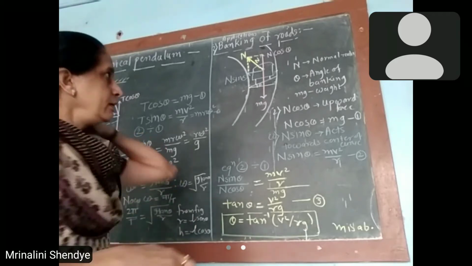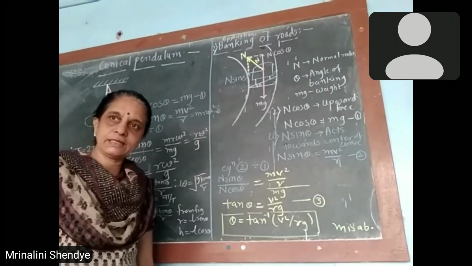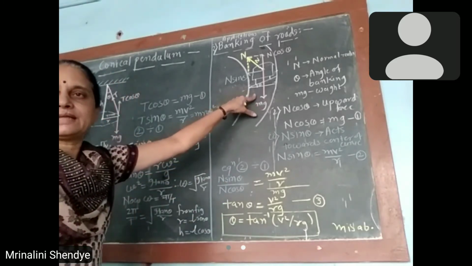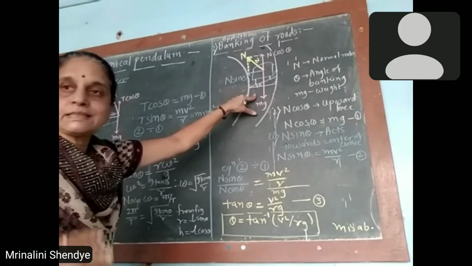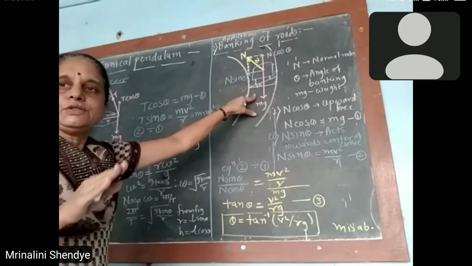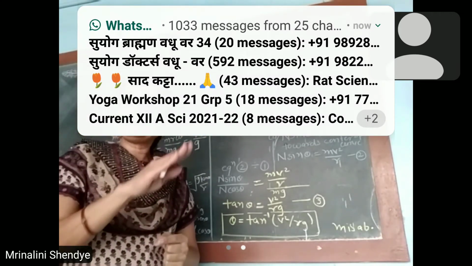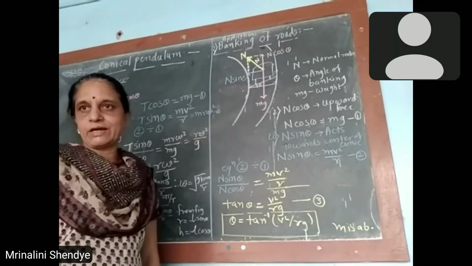But here we have to see what arrangement is required over there, due to which we can see the safe traveling on that curved road. What is that requirement? That is, you have to tilt that road like this. And whenever the road is tilted like this, some angle is required.